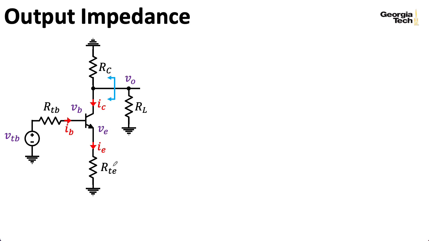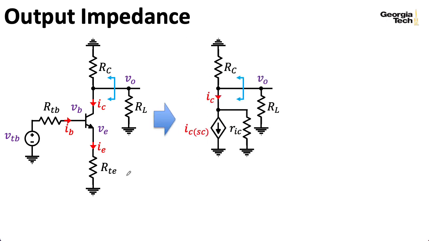What we'll do is take all of this stuff down here and replace it with that Norton equivalent circuit. Since we're computing an equivalent resistance, we'll take the independent voltage source here and zero it out. And remember, this current source here is basically that voltage times big GM. So if we zero this out, we also zero out this, which involves basically opening it up entirely.